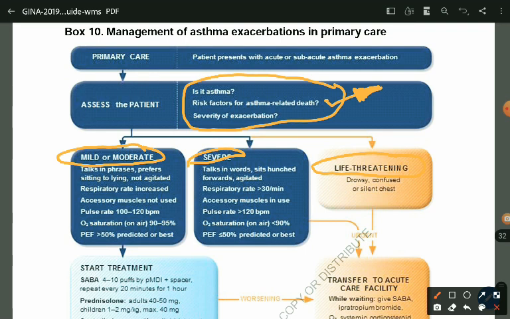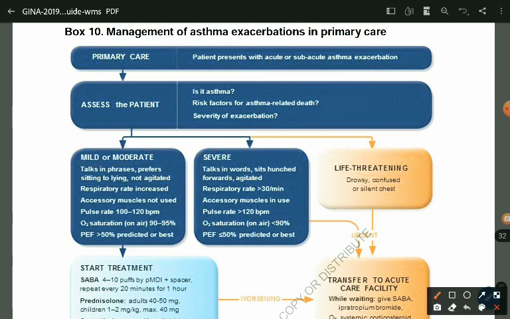So manifestations included under mild or moderate: they talk in phrases, prefer sitting to lying, and somehow are not agitated. They have increased respiratory rate, depending on the age of the child, commonly for pedia more than 40, no?